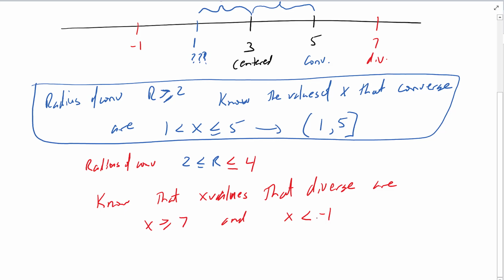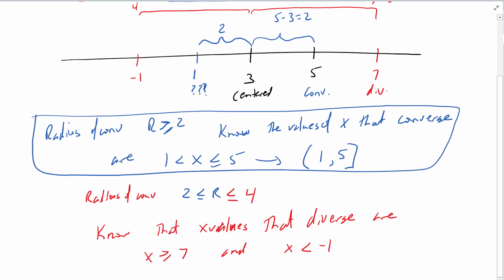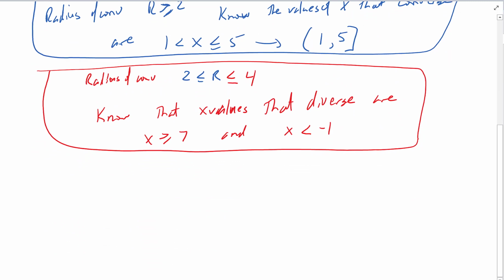Once again, -1 we don't know anything about because we got that number just based off of our possible radius of convergence. The problem told me that 5 converged, and the problem told me that 7 diverged. So 7 diverging gives me that information.